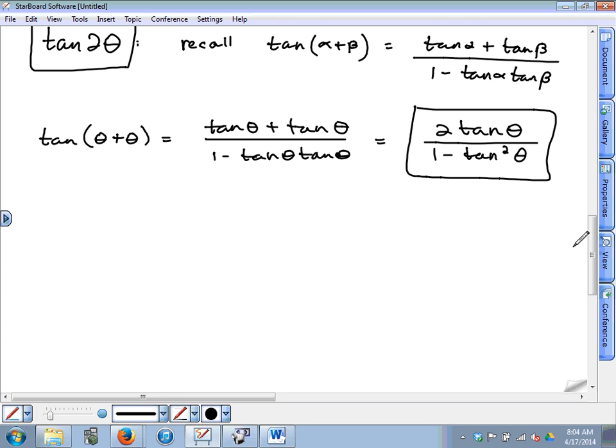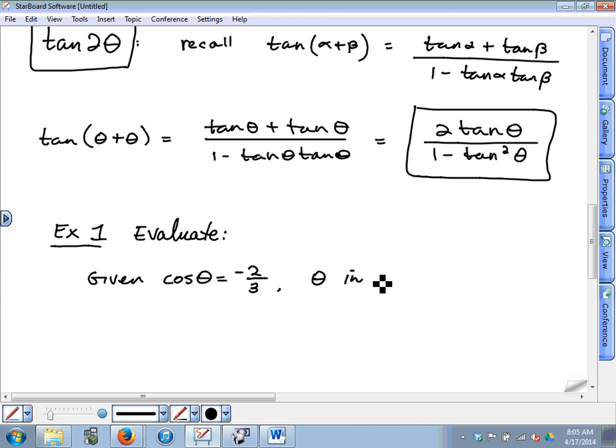Okay, now that we know these identities, here's how you're going to use them on your homework. Let me show you 2 ways you're going to use these. Here's the first way, just simply evaluating an expression. A lot like what we did last time. Given that the cosine of theta is equal to negative 2/3, and theta is in quadrant 2.